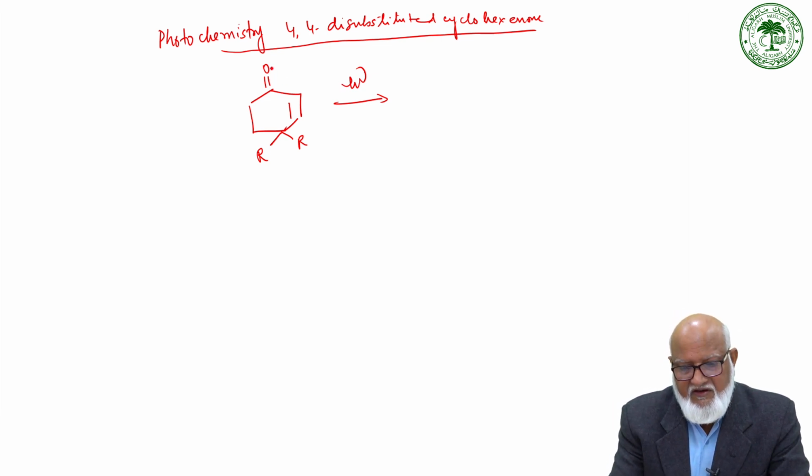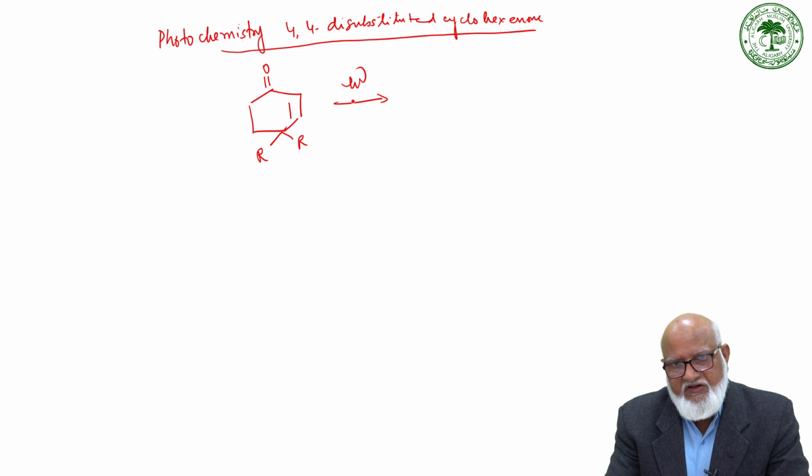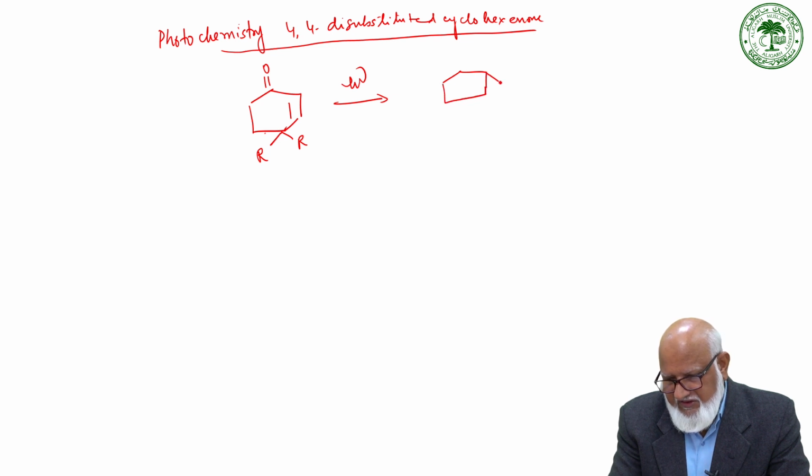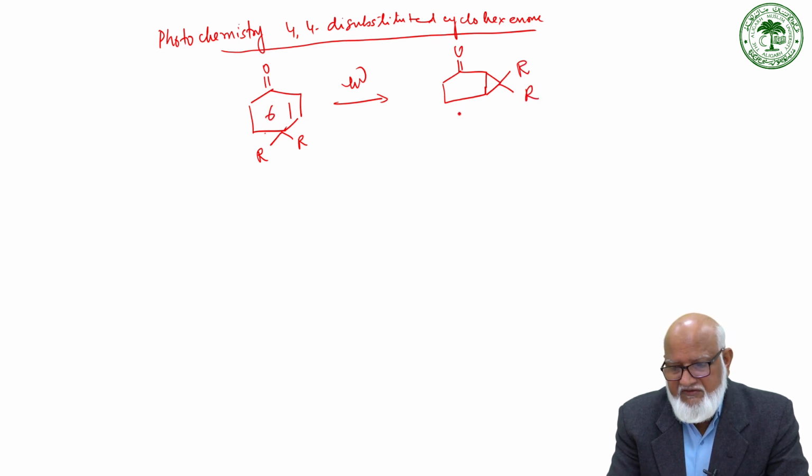First, a 1,2 diradical, since there is a double bond in conjugation, a 1,4 diradical, then going to a zwitterionic species, and then the shifting of this, the generation of a more stable species. So we have already seen that 4,4-disubstituted cyclohexenone undergoes rearrangement to give a bicyclic system from a 6-membered ring. It's a very nice rearrangement.